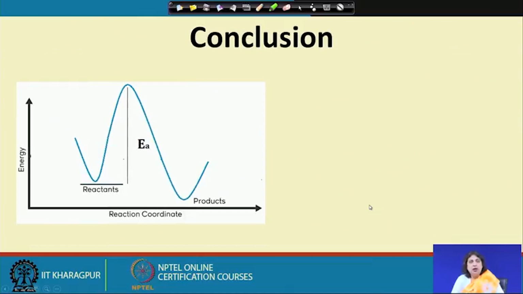So, to conclude, first of all, in order to understand the microscopic states of the reaction, we have introduced a one-dimensional potential energy profile for the reaction. Then we realize that for a certain amount of kinetic energy available to the system, with the thermal energy available, it is most probable that most of the reactant molecules will remain here, executing small amplitude motion within the reactant well.